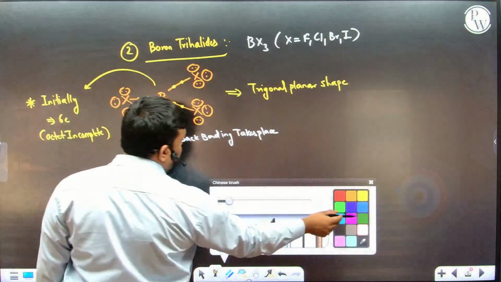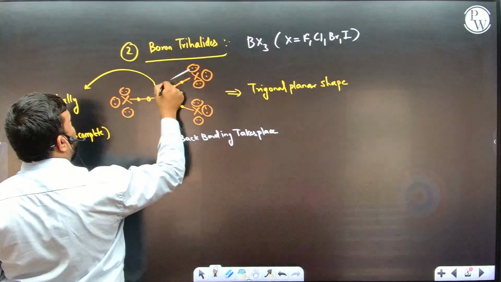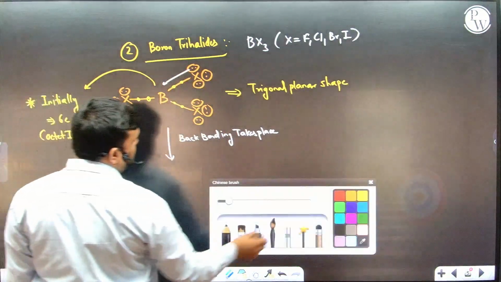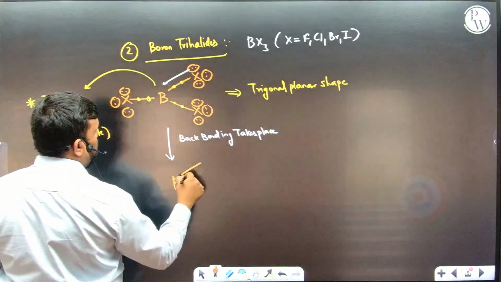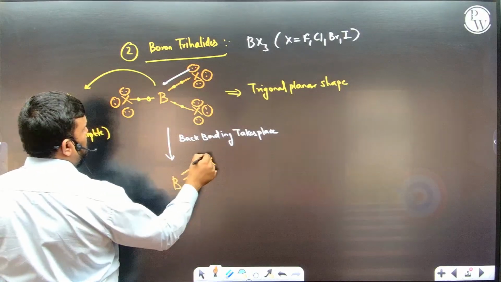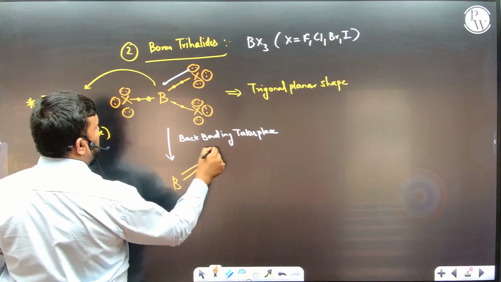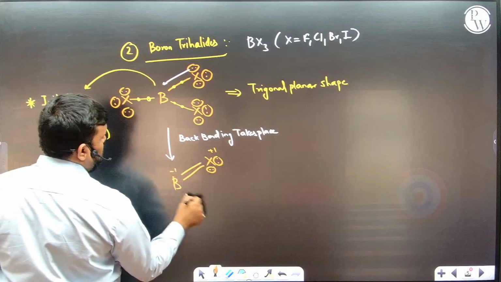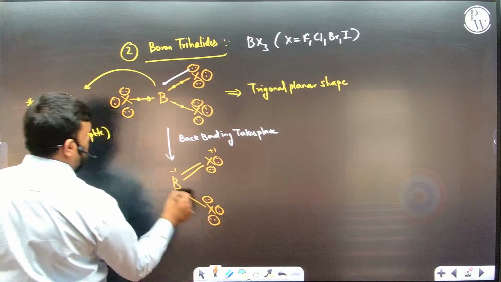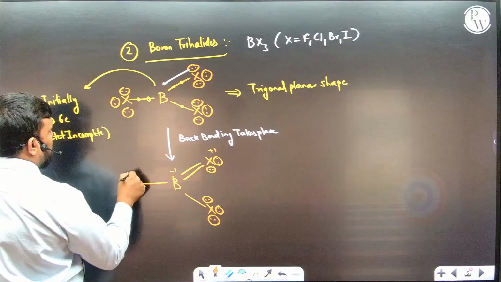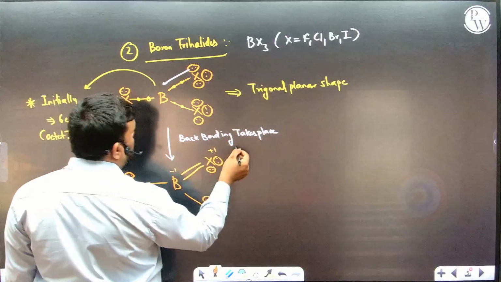So back bonding takes place over here. And what will happen? Any one of them, suppose this is getting involved in coordinate bond formation. So you can see plus charge over here, minus 1. So you can see that the boron octet got completed due to this back bonding.